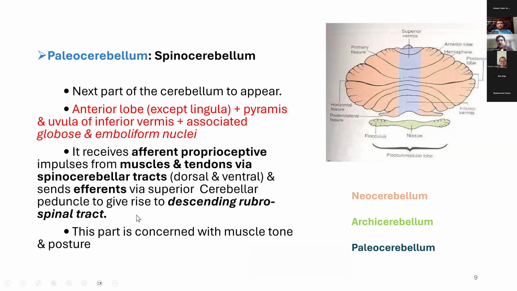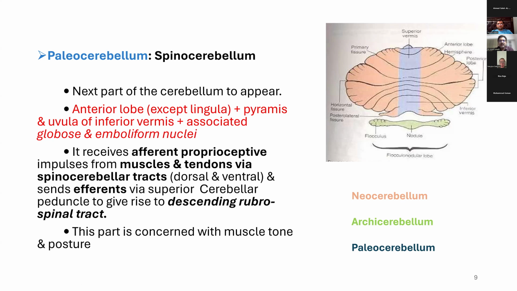We also call it spinocerebellum. So as the name suggests, spinocerebellum, it has some connection with the spinal cord. This is the second part of the cerebellum which appears phylogenetically. The first is the archicerebellum. The second one is the paleo or spinocerebellum.